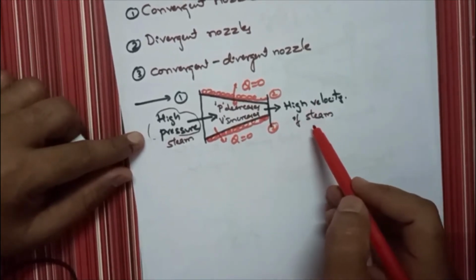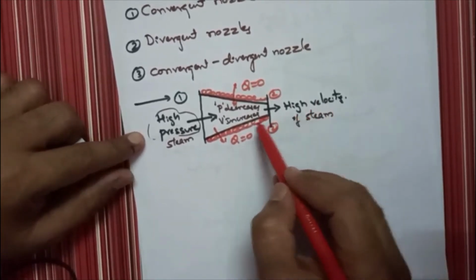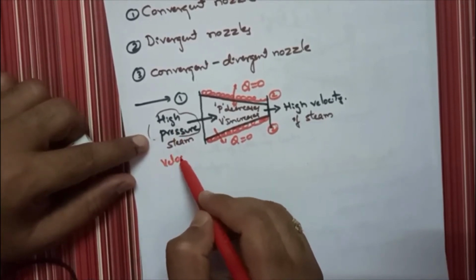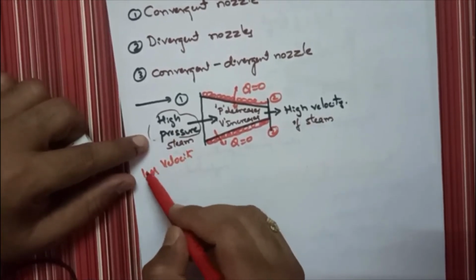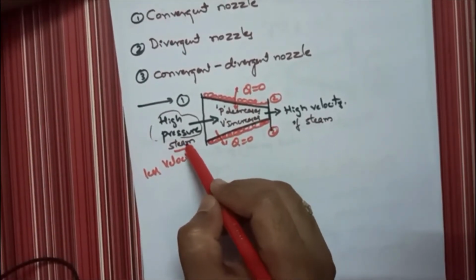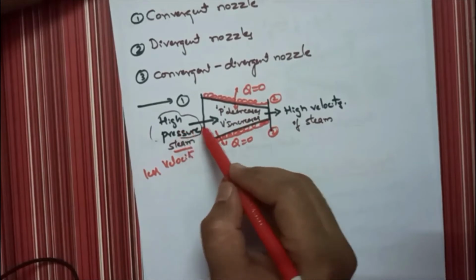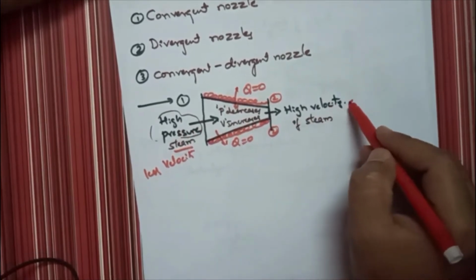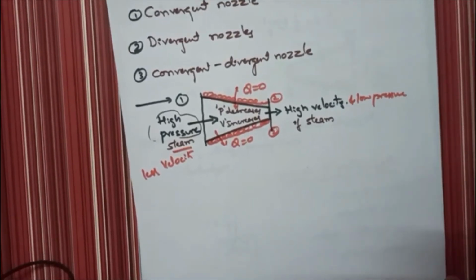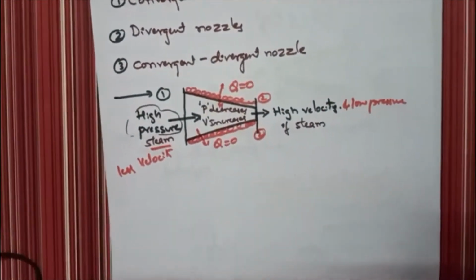They may ask you, what about the pressure? When pressure is high, velocity will be low, and when this high pressure, low velocity steam passes through the nozzle, it will convert into high velocity and low pressure. That doesn't mean the pressure is zero; pressure will be there, but it will be low pressure steam.